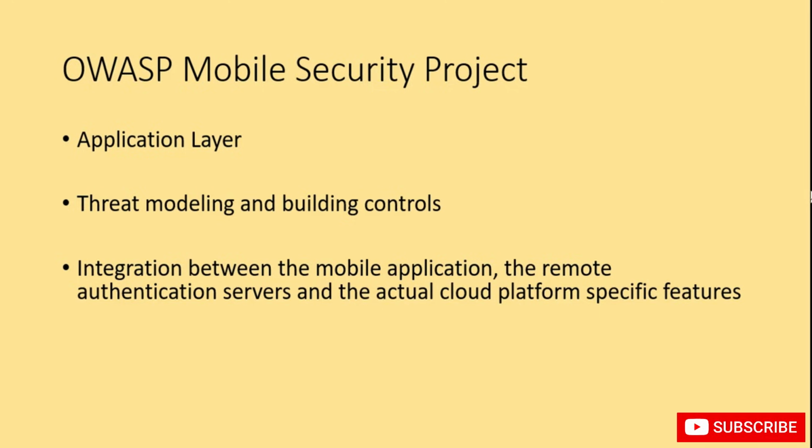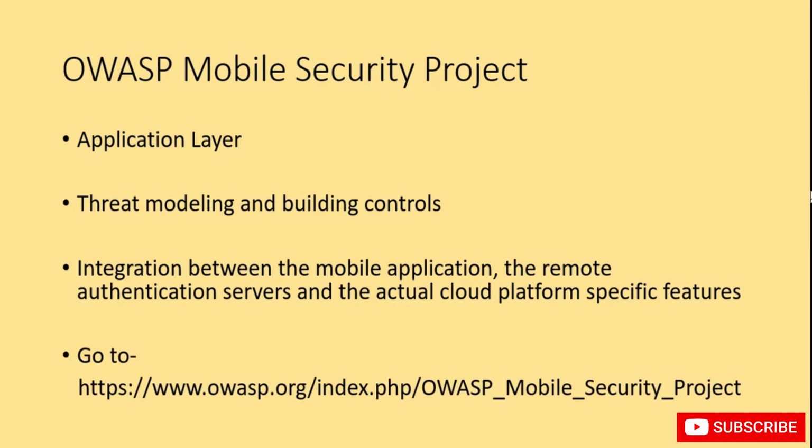In a lot of cases, these mobile applications are communicating to the cloud, so they also look at that communication between the mobile device and the cloud environment. They also cover best practices and vulnerabilities around the integration between the mobile application, the remote authentication servers, and the cloud platform specific features.